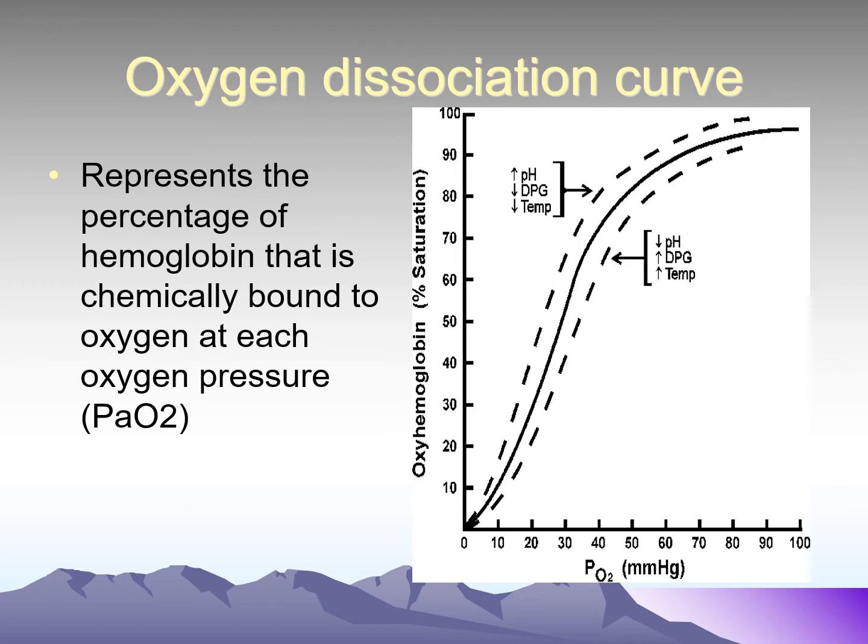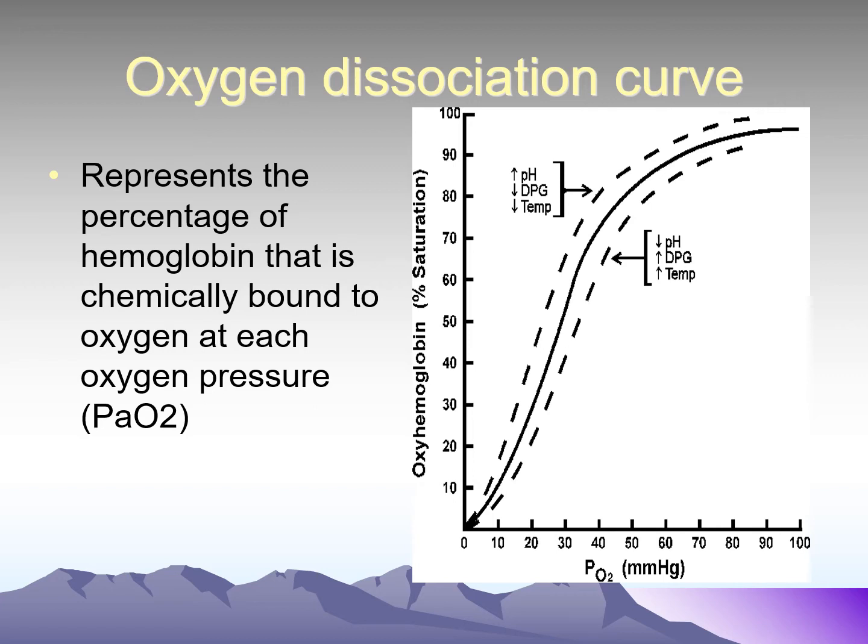All right, visiting our friend, the oxygen dissociation curve. We all love that. The oxygen dissociation curve represents the percentage of hemoglobin that is chemically bound to oxygen at each PaO2. As we look at this, we have a steep increase in the beginning, representing that the hemoglobin has a high affinity for oxygen, because initially the hemoglobin doesn't have much oxygen bound to it.